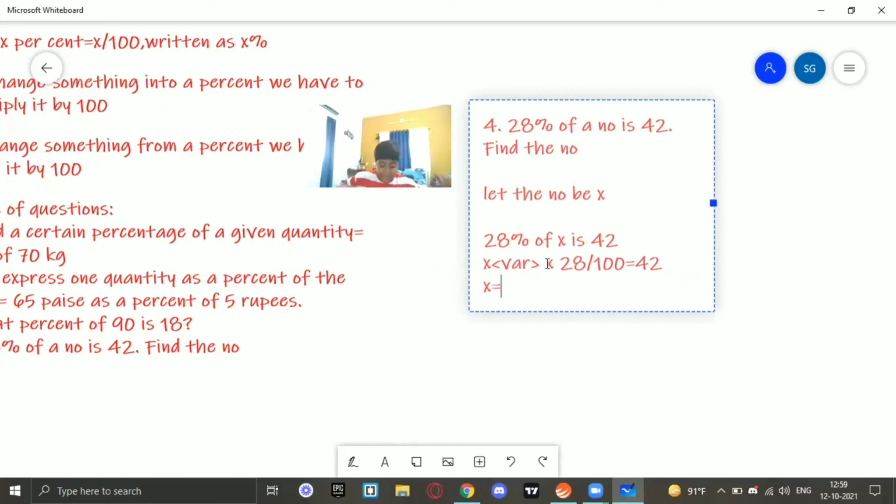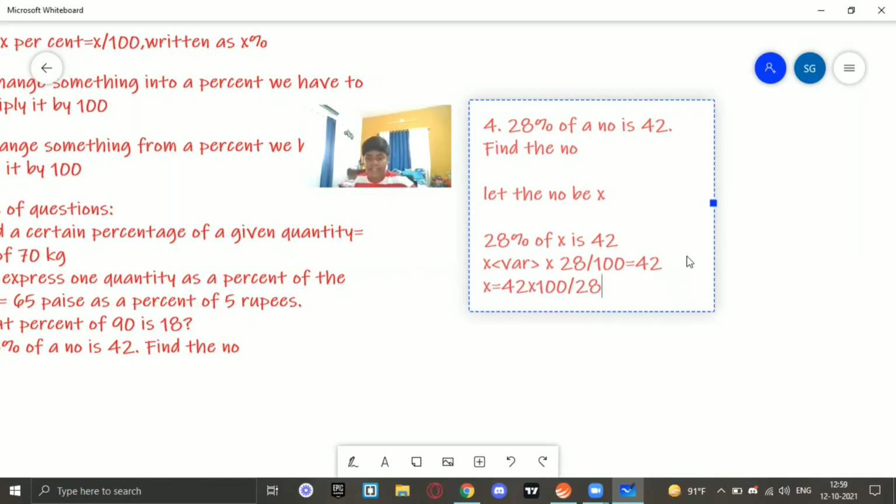So x is equal to 42 times 100 upon 28. We're basically taking things around. So 28 upon 100 is a multiplication.